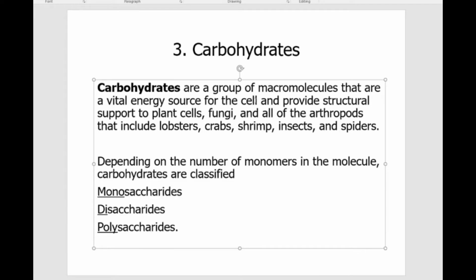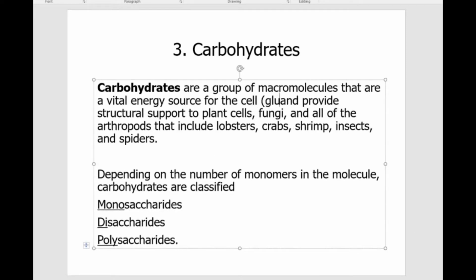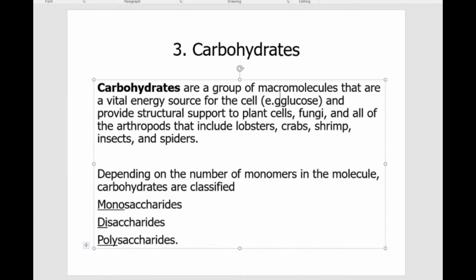Our cells will use glucose to generate energy. Our cells can break down glucose, and when chemical bonds are broken, remember, energy is released, and our cells will utilize that energy to perform different functions.